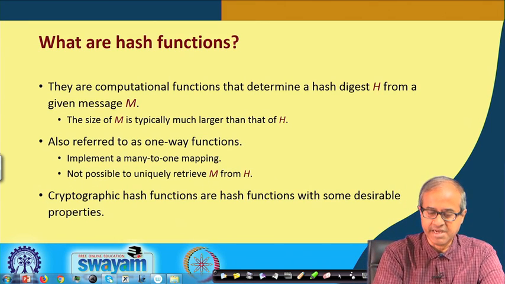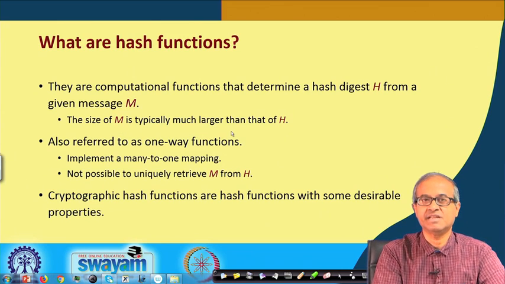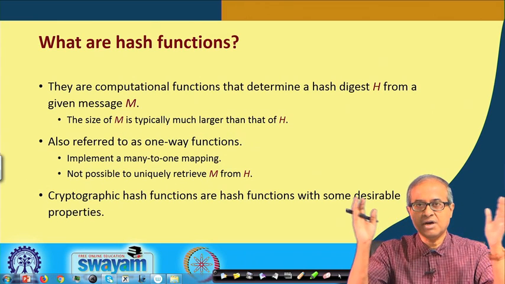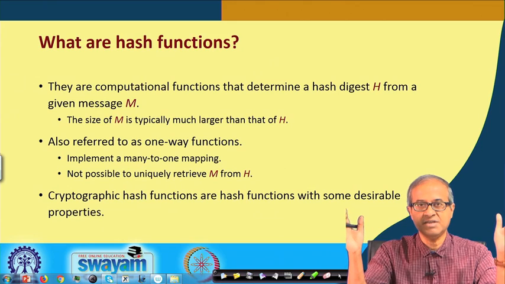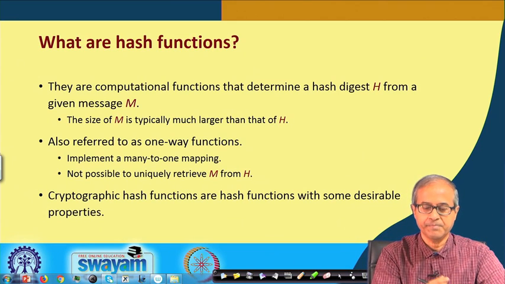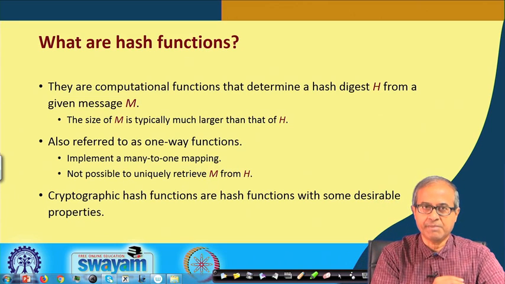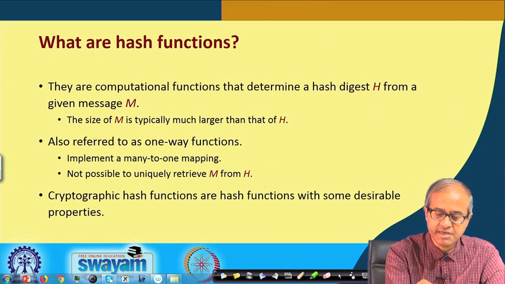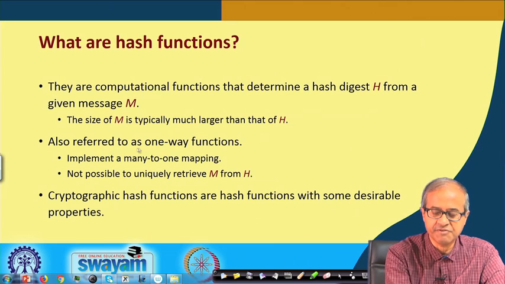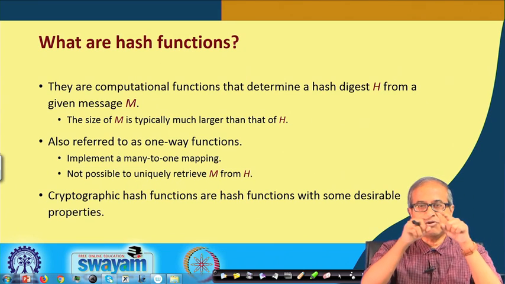Now, the point is that the size of m is typically much larger than that of h, which means we are converting a very large number into a very small hash digest. Because of this kind of many-to-one mapping, this kind of function is also sometimes referred to as a one-way function. Why one-way function?